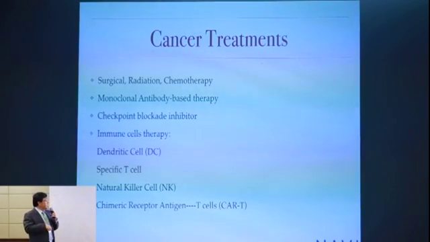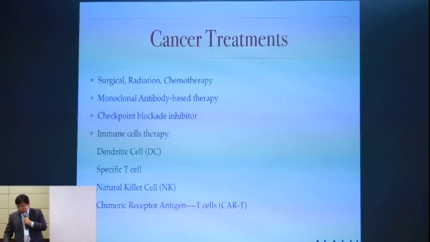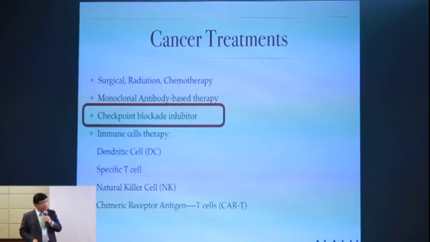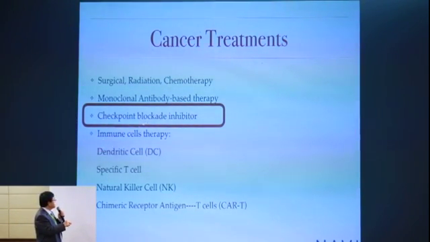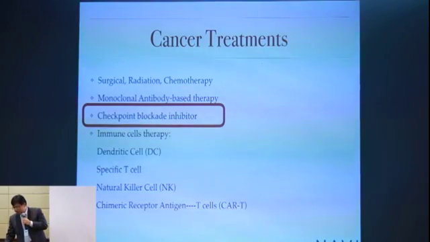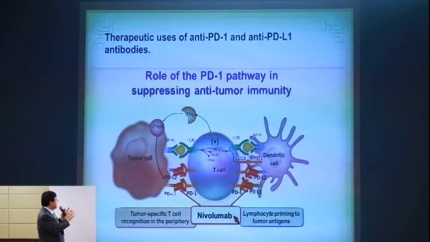So in the next slide, I will introduce the newest tech named the checkpoint blockade inhibitor. Actually, it is a monoclonal antibody that can block the inhibitory signal from the T cells. The molecule on the surface of the T cell named PD-1 and the ligand named PD-L1 are sometimes expressed on the tumor cells.